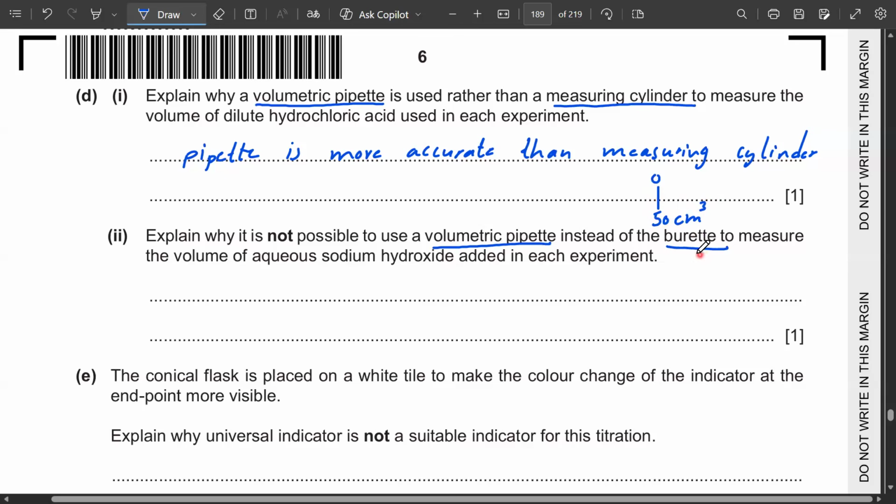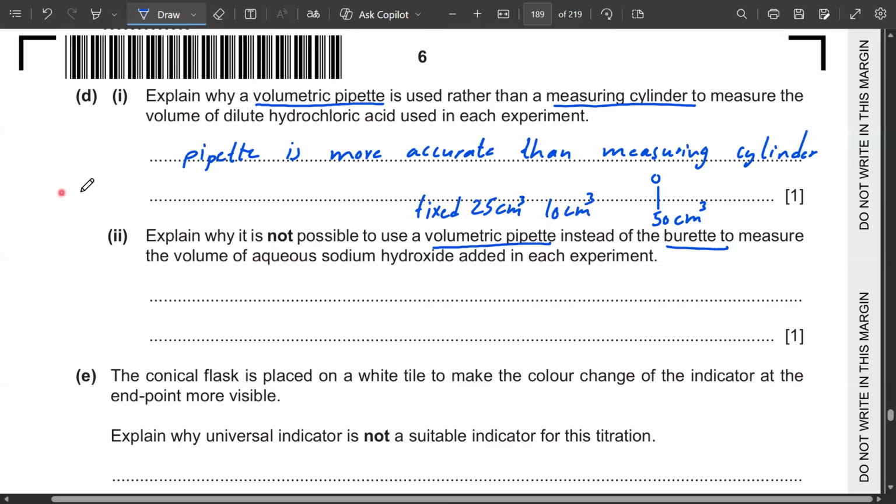There is a variable method, but for the volumetric pipette, there is always a fixed value. That fixed value could be 25 cm cube, 15 cm cube, or 10 cm cube, according to the pipette given. It is mostly 25 and 10 cm cube used in the labs. So we cannot measure any other value between this range.